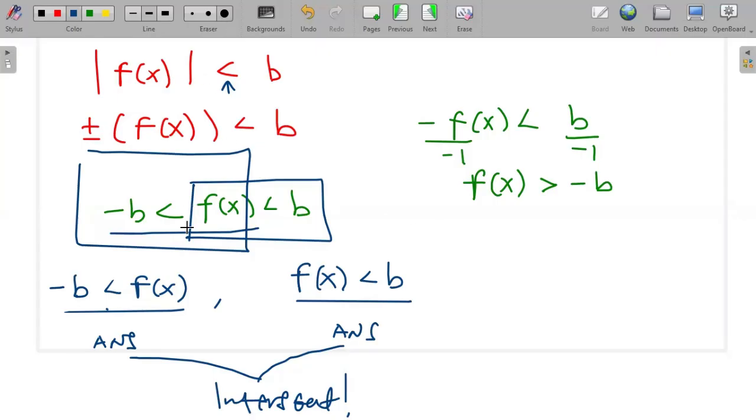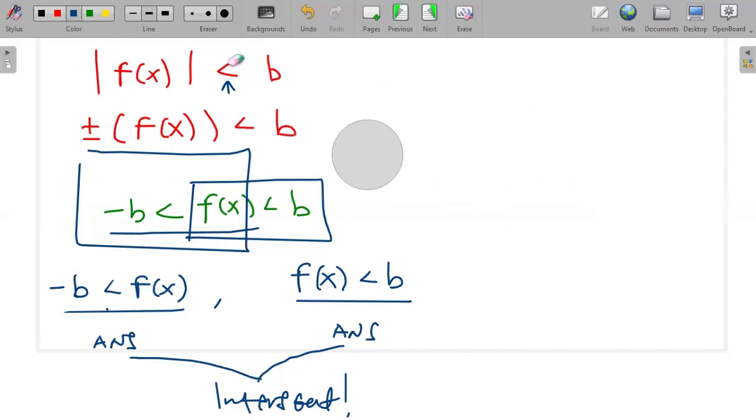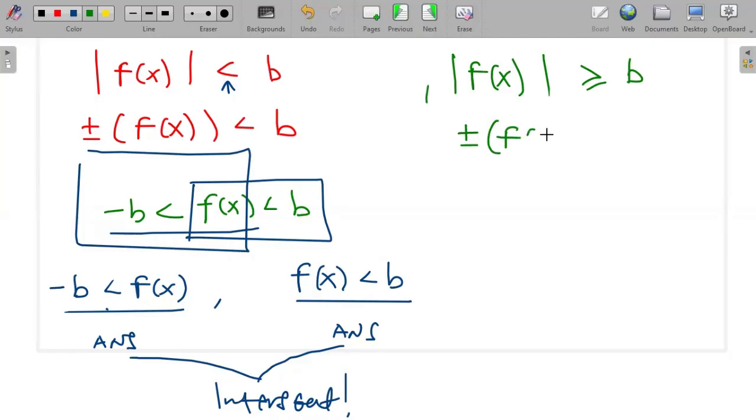If it is a modulus and a less than, that's the rule. And if it is a modulus and greater than, say the modulus of f of x greater than or equal to b, it will be the same. This is the same as plus or minus f of x greater than b.